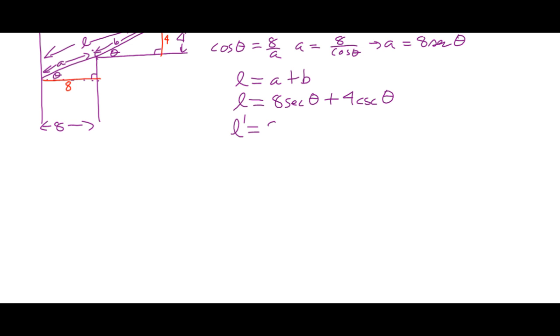The derivative of secant is secant theta tan theta. And the derivative of cosecant is negative cosecant cotangent. Thank God for formula sheets.